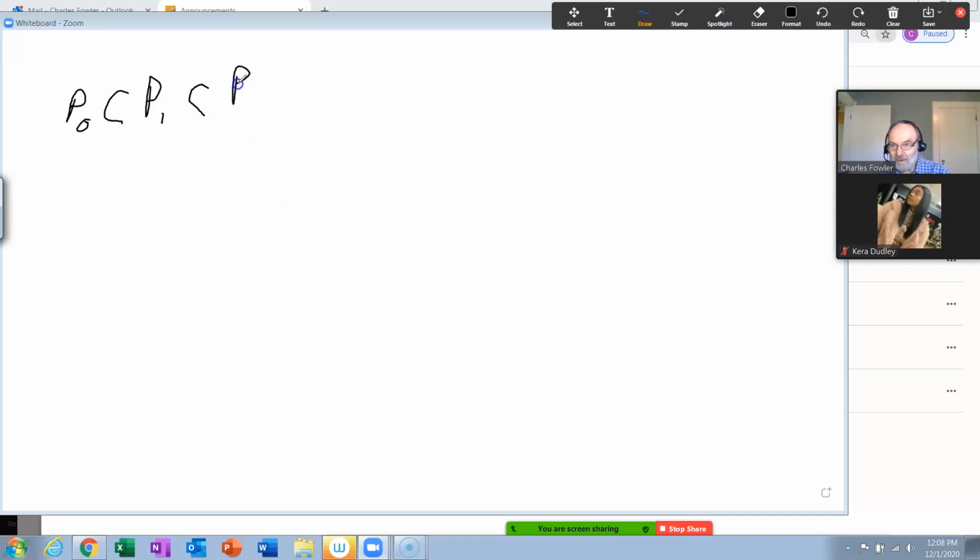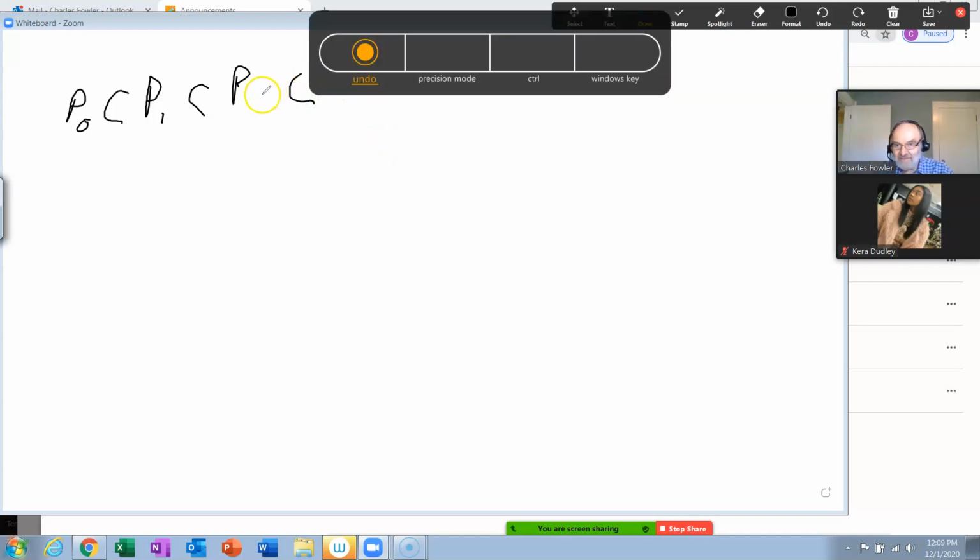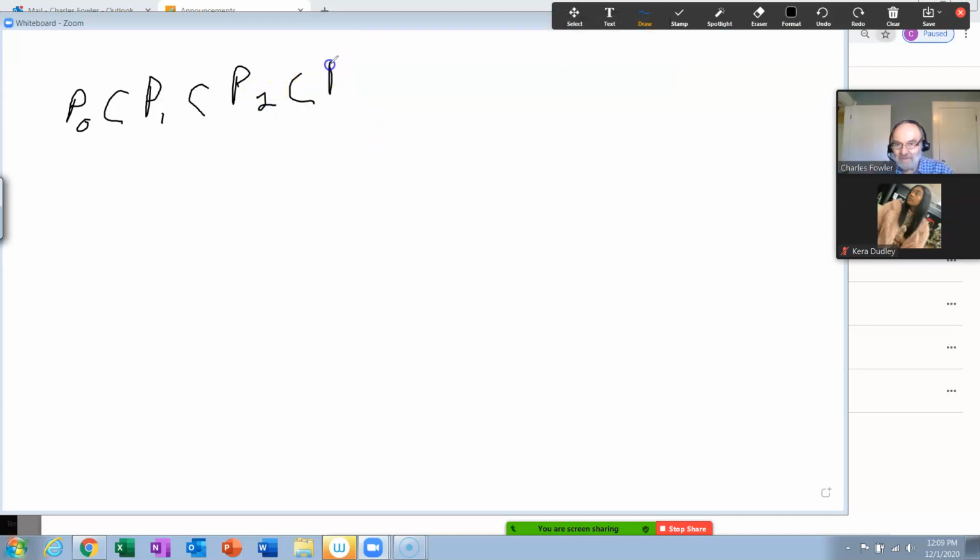P2 would be all polynomials of degree 2 or less. Well, 1 and 0 are both less than 2, so that would be a subset of that, and this would be a subset of P3. That's all polynomials of degree 3 or less. These are all less. This would include 3.